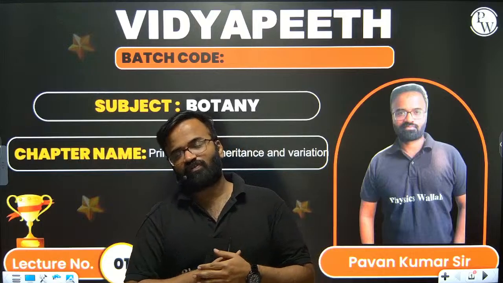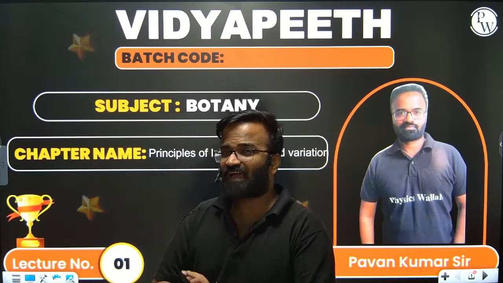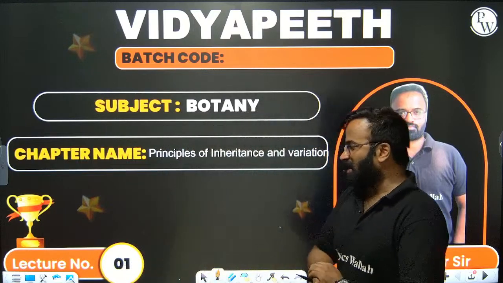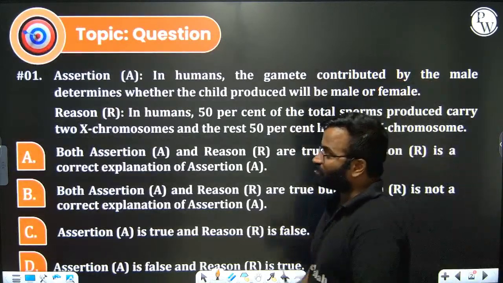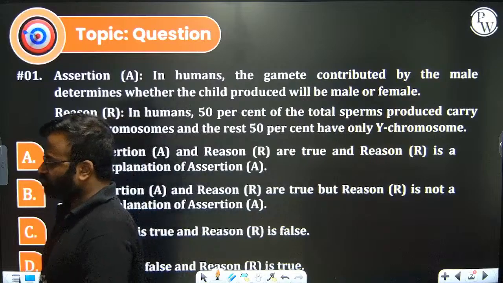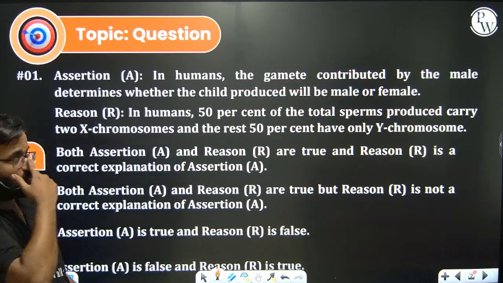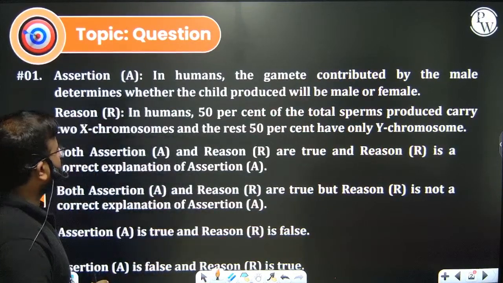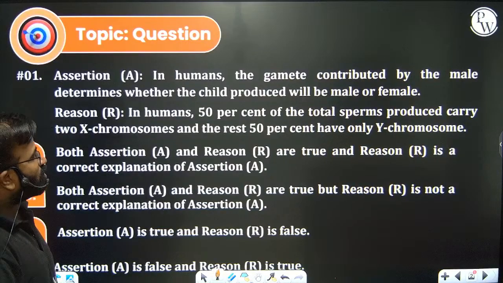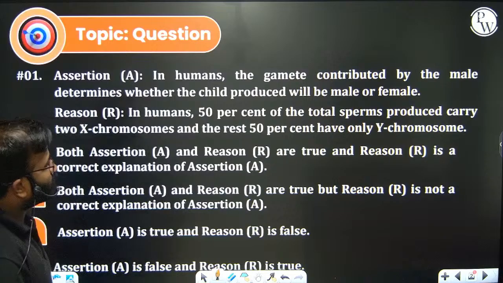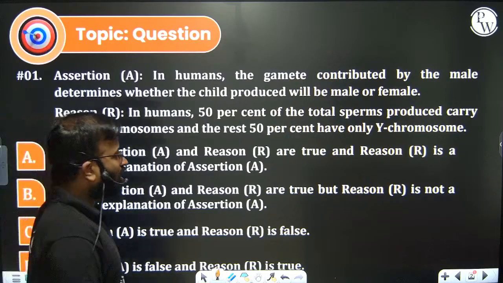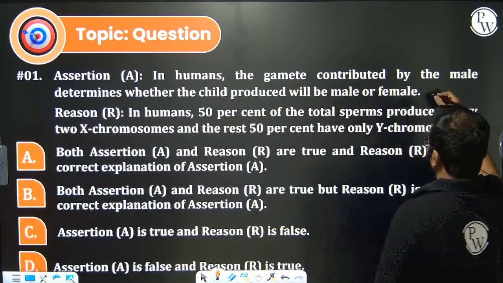So without wasting any time, let's join into the class and see the assertion and reasoning statements in principles of inheritance and variation. Let's see the first question. In humans, the gamete contributed by the male determines whether the child produced will be male or female, which is true, isn't it?